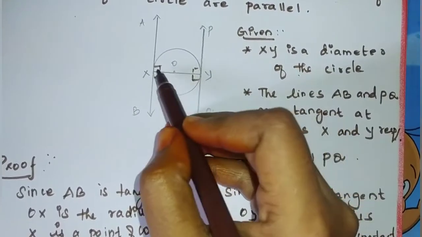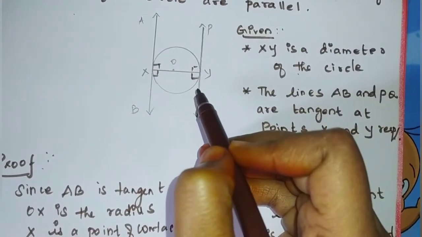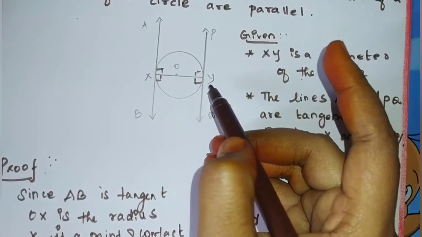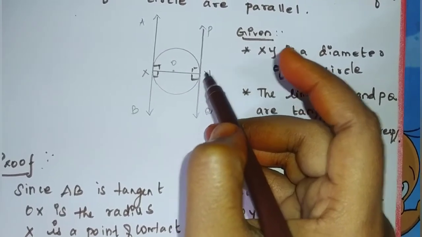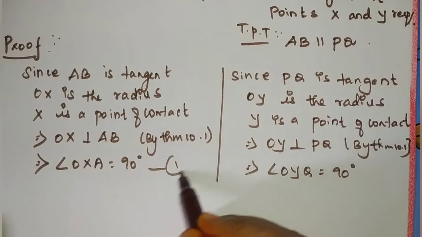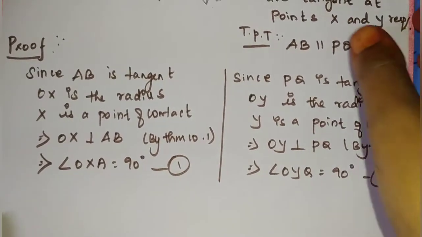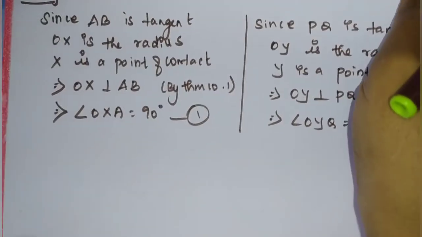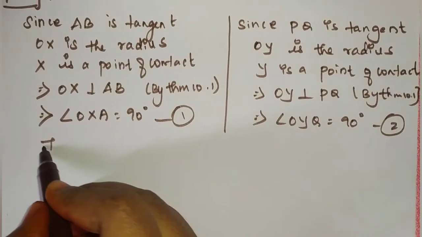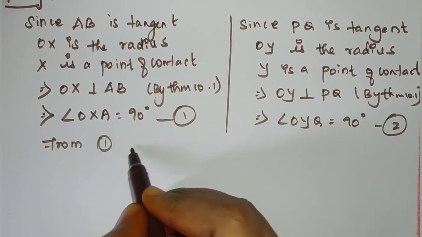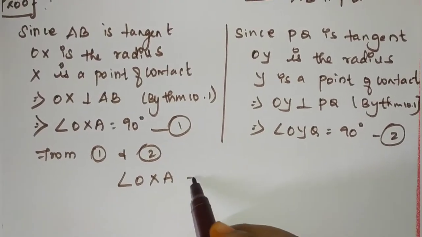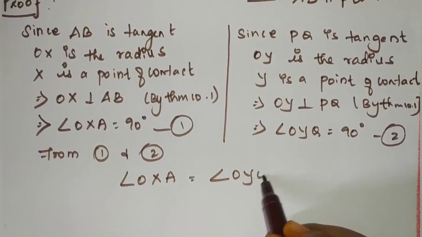So we can tell that two pairs of alternate interior angles are equal. Clear, children? So mark this as 1 and this as 2. So from 1 and 2 we can tell that angle OXA is equal to angle OYQ.